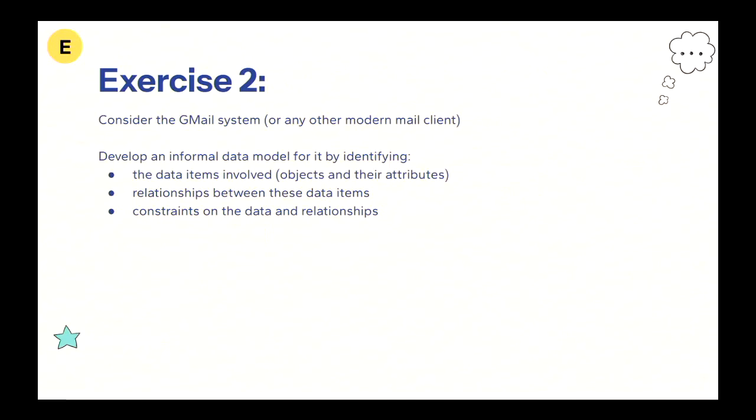So let's come to exercise 2. Consider the Gmail system or any other modern mail client. So what are the key objects? What are the relationships between the objects? And what are the constraints of the objects and relationships?